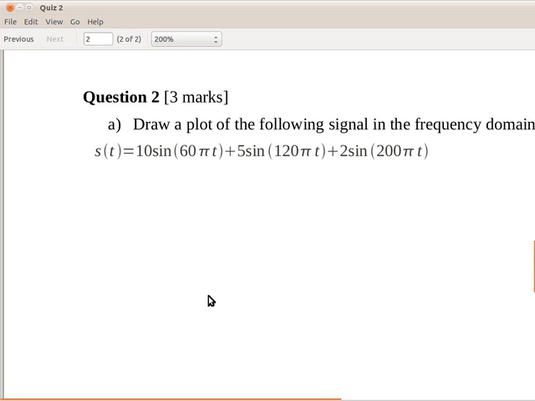All I did is equate this to this and find f. For the second component, same approach. 120 pi equals 2 pi f. f equals 60.